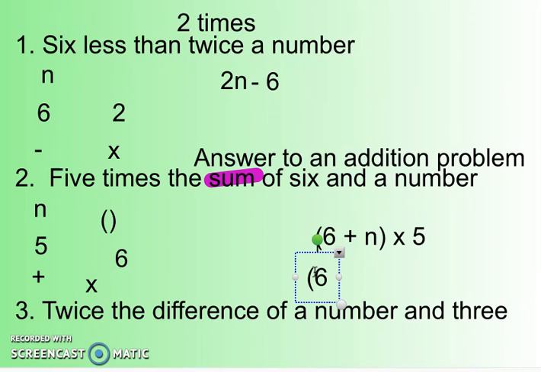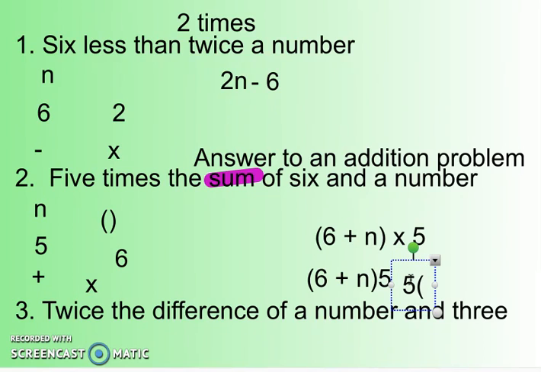Okay, we could go like this, kind of using our knowledge from before. Remember I said you can actually just put the number next to a letter, or a variable, and that means times. Same thing with parentheses. I can put a number right next to it, and it means times. Now, is there another way to write this?